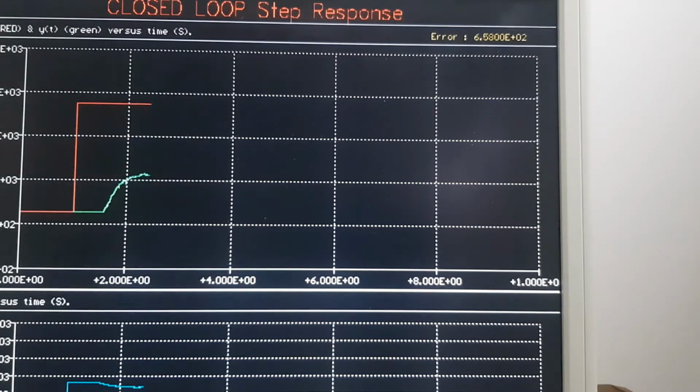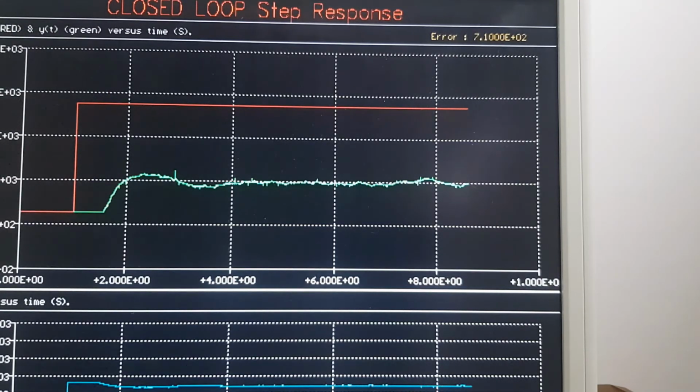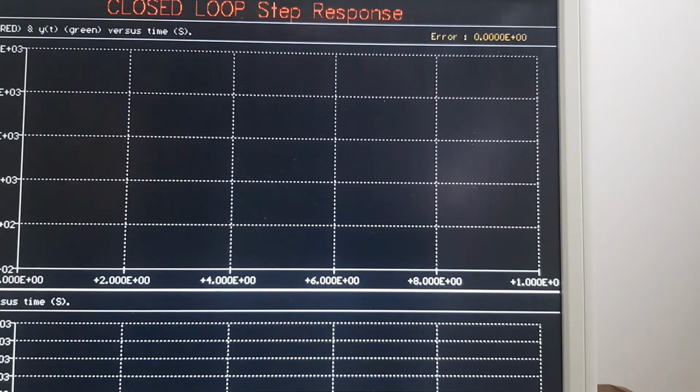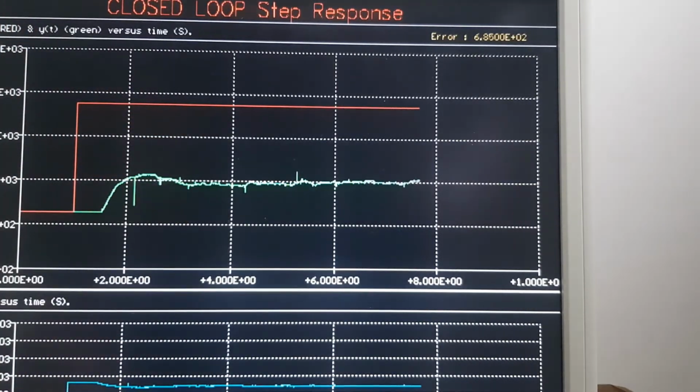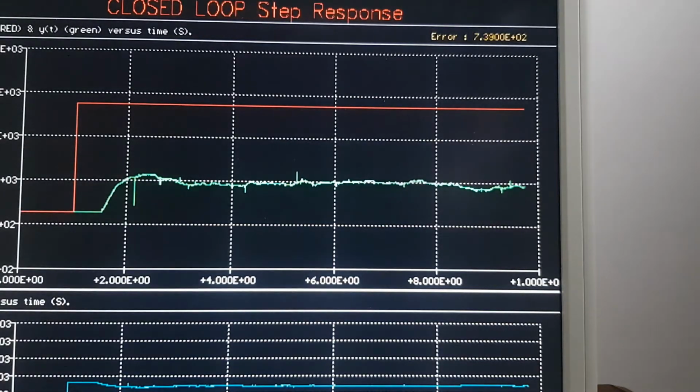Right, so here we have the closed loop step response with a proportional gain of 0.4. Just to have a look at what's going on here. The red line is the set point, the green line is the output, and the blue line is the amount of power going to the heater.